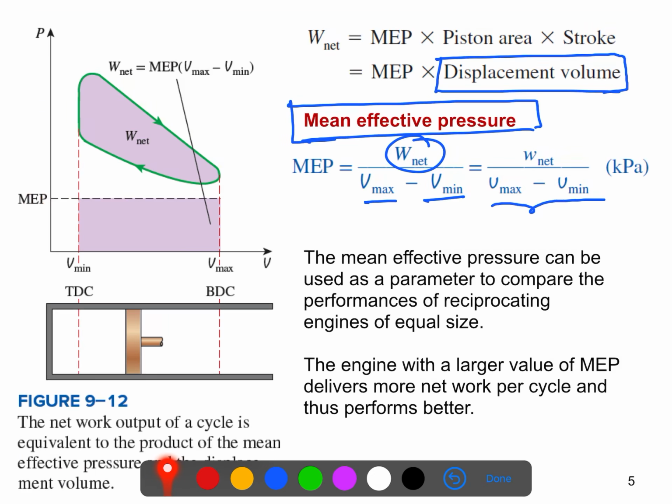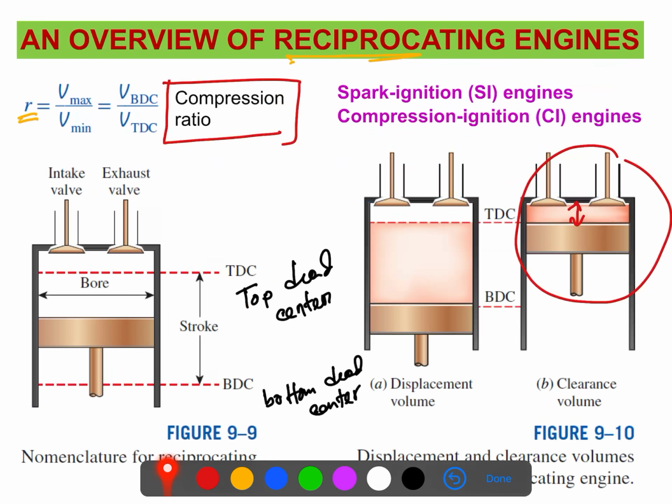If you want to calculate the net work, we need the MEP and the piston area and the stroke, or the displacement volume. We'll solve some problems and use all of these equations. Here we need to know how this reciprocating engine works and the physical components that we are going to use again and again. So that's it, and we'll discuss a bit more during the lecture.